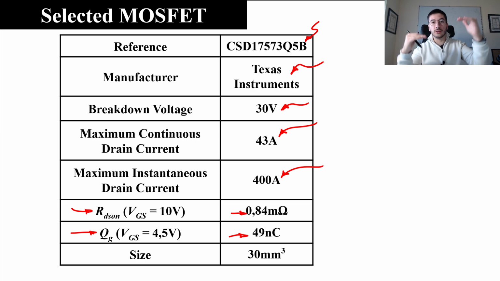So there is a trade-off between on resistance and total gate charge, or in other words, there is a trade-off between conduction losses and switching losses. In any case, we are going to choose this specific MOSFET with these values.